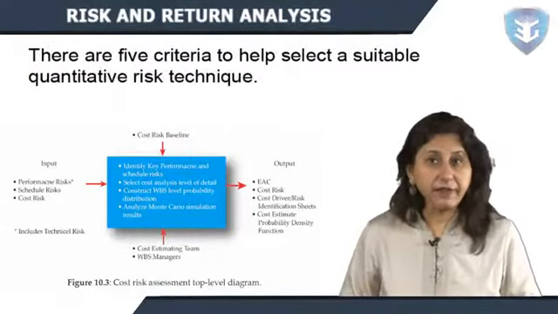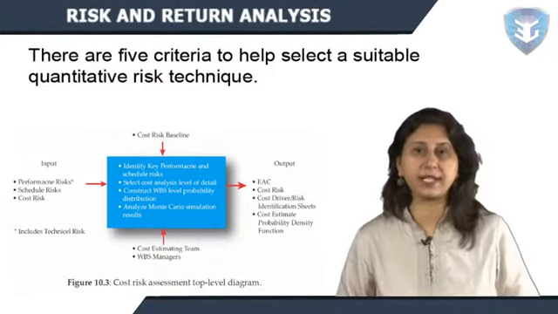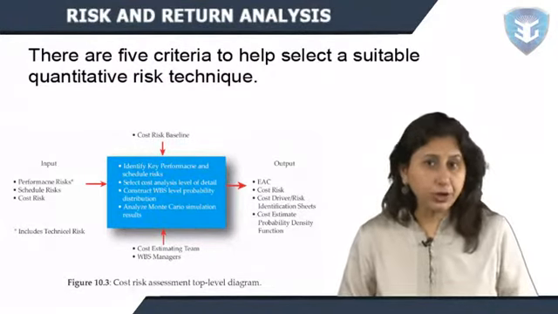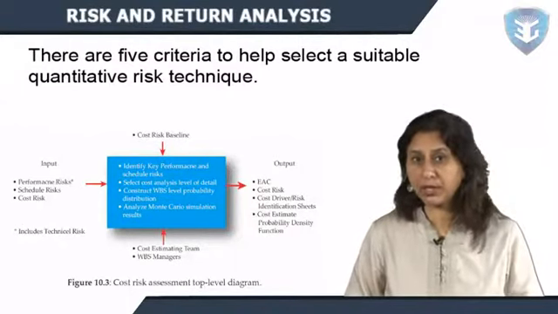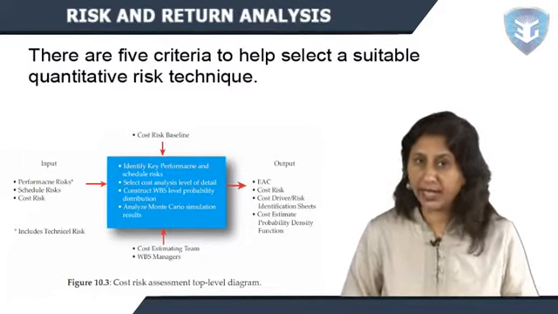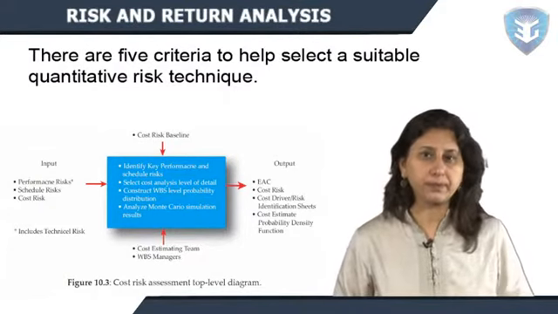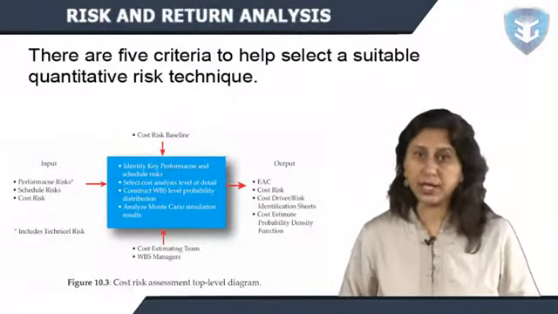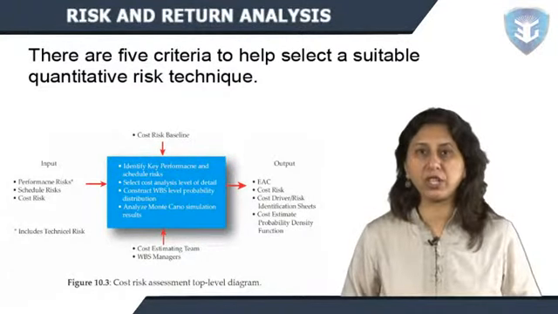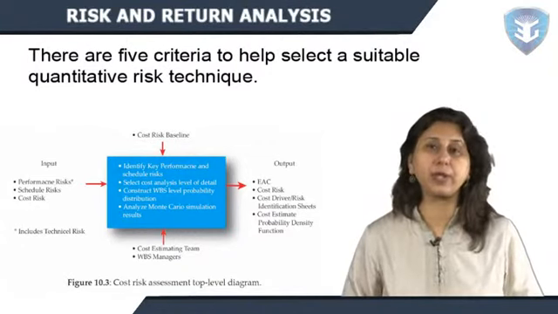There are at least 5 criteria to help select a suitable quantitative risk technique. The methodology should be able to include the explicit knowledge of the project team members about the site, design, political conditions, and project approach. The methodology should allow quick response to changing market factors, price levels, and contractual risk allocation.